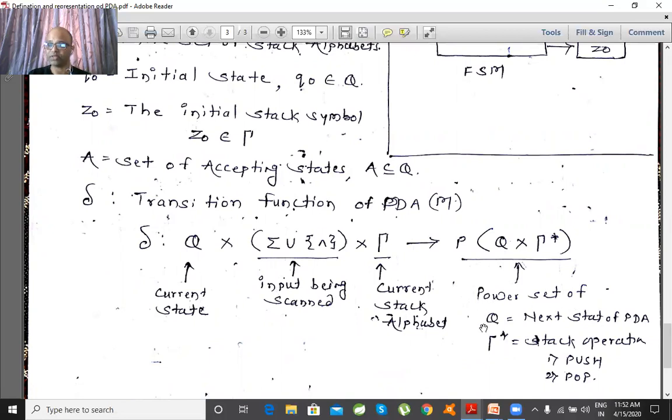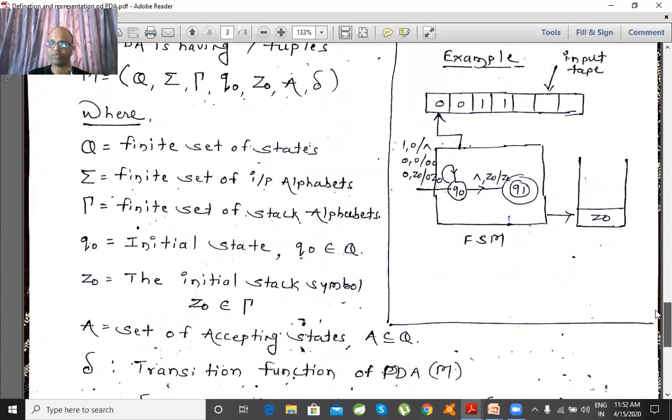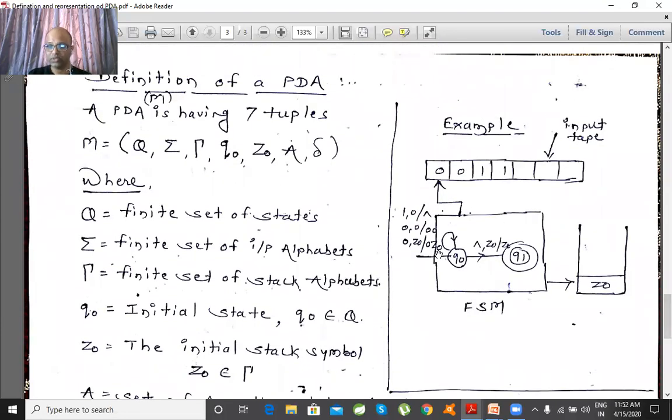So this is the power set of Q as well as gamma star. So either we push something on top of stack or pop something out of the stack. This design of a PDA is capable enough to identify the 0:1 and 1:1 pattern.